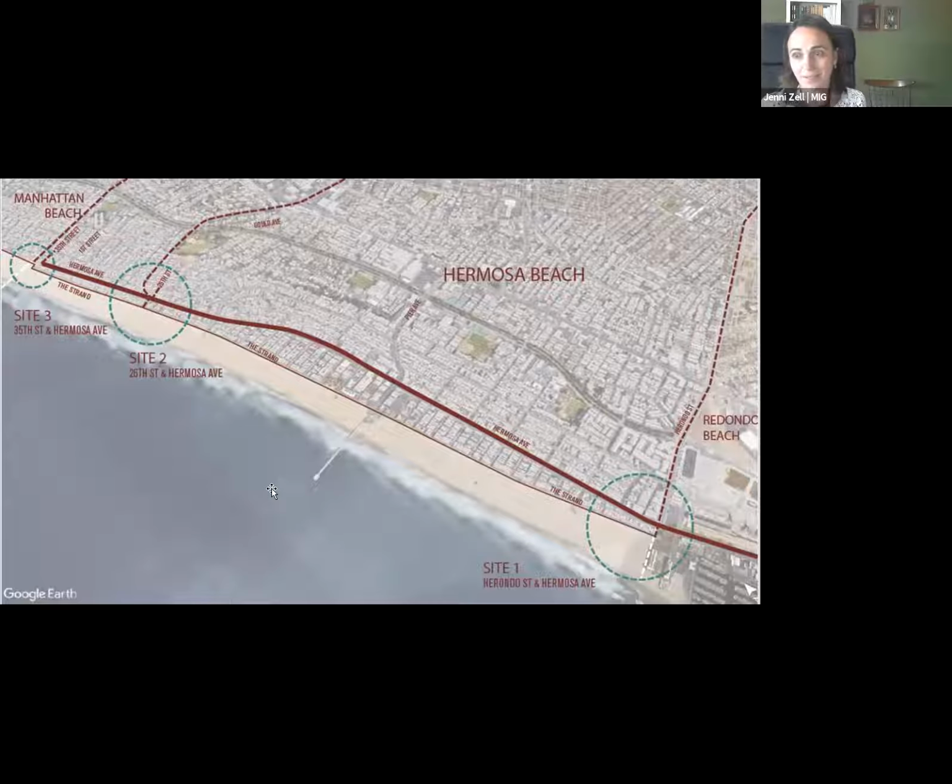This is our second public workshop. And like both Doug and Andy said, these are ideas and concepts. It's not already designed. And we are exploring in a very site-specific way what they'll look like. So if you see your house or that patch of beach in the image, it's a visualization, and it's there to help you imagine and help us get your feedback on what these things might look like.